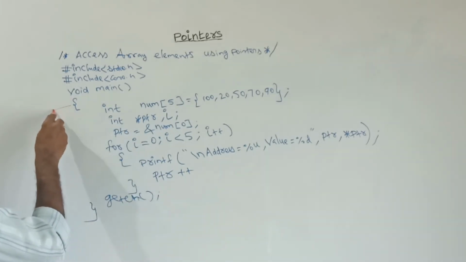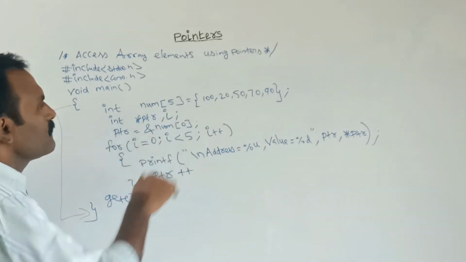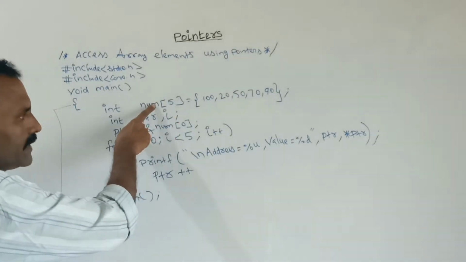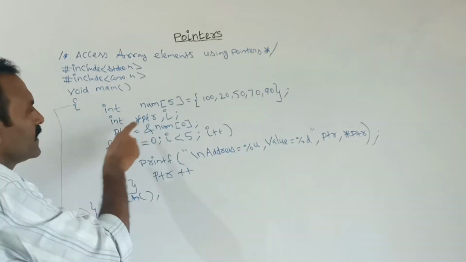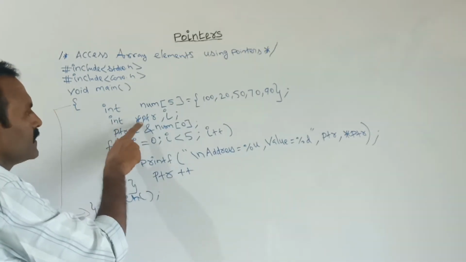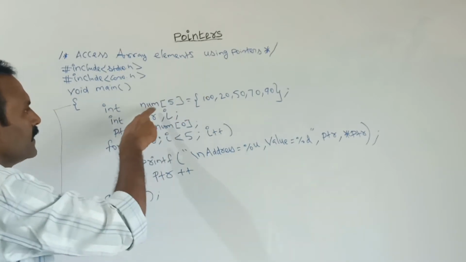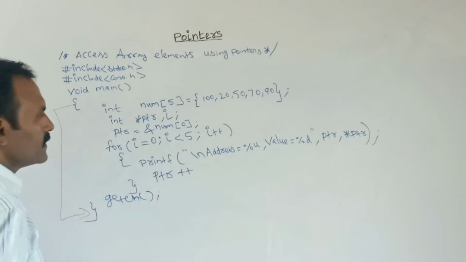See, the main function, open brace and here close brace. Here I have declared totally 3 variables. First variable, the array variable name is NUM. Here totally I have stored 5 elements. Next I have created the pointer variable as integer data type, because I am going to store the address of this NUM. This NUM is integer data type, so I am creating the integer pointer variable.